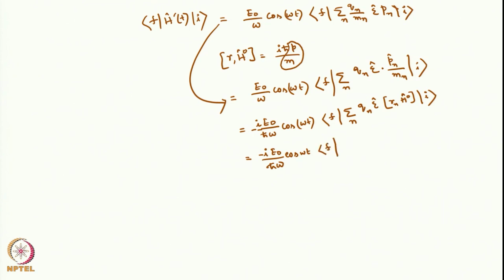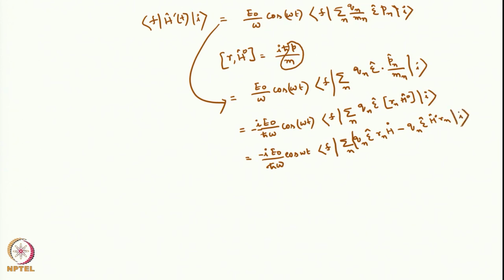Now let us expand this commutator. So this will be sigma over n, q n, r n h naught minus q n h naught r n.